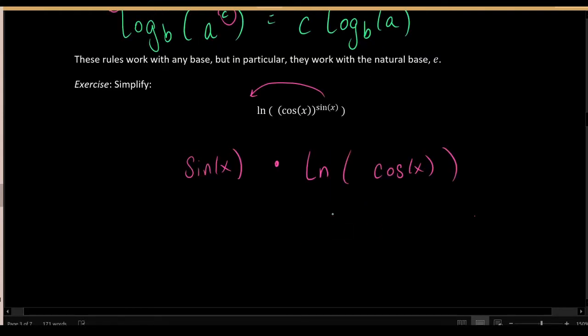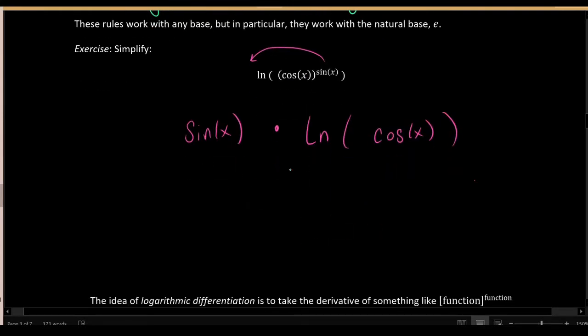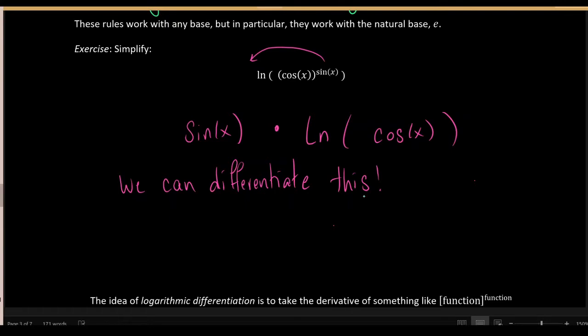Now notice that this is now a quantity that we can differentiate. We can take the derivative of this by first using product rule to split up the sine times the natural log, and then using chain rule to figure out natural log of cosine of x.